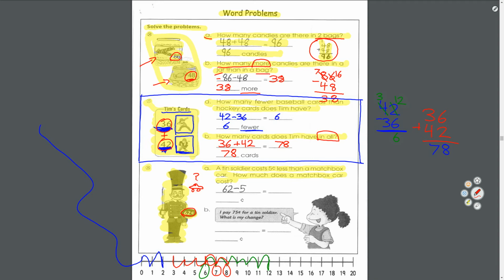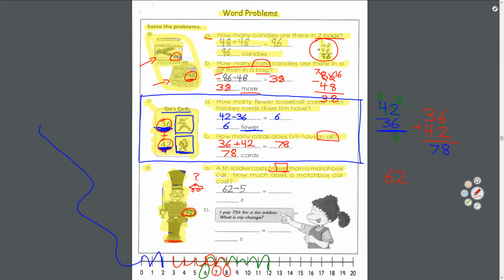A tin soldier costs 5 cents less than a Matchbox car. So if the tin soldier is 62 cents, and it costs less than a Matchbox car, how much does the car cost?